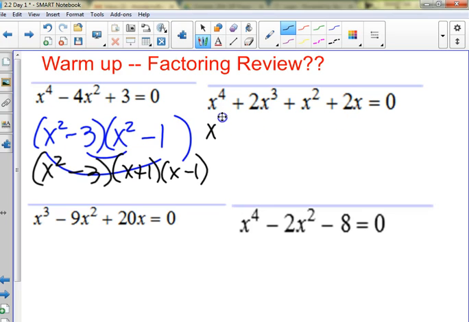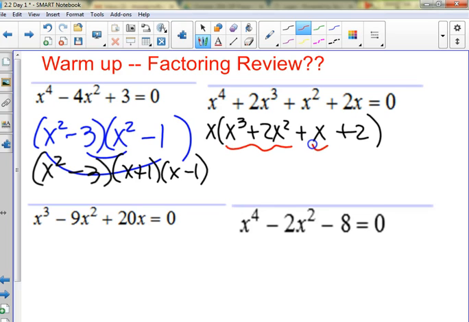Okay, take out an x. Then what? We're going to stab it between this one and this one. There's an x out front still that we can't lose, but what's happening here?